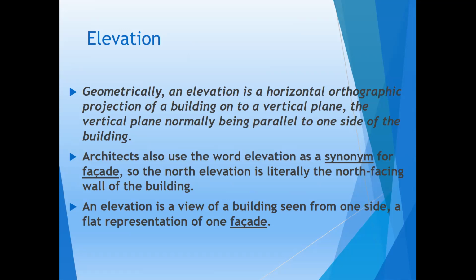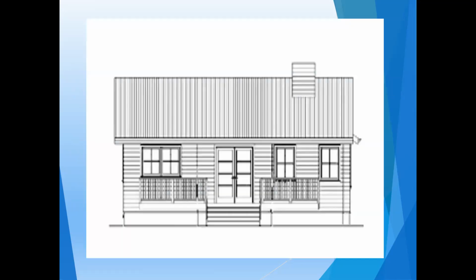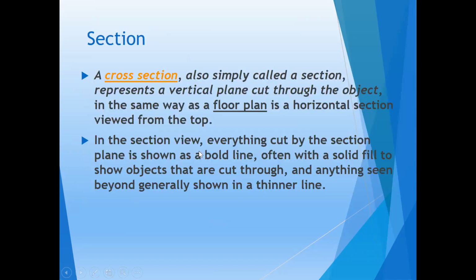So the north elevation is literally the north facing wall of the building, and the south elevation is the south facing side of the building. An elevation is a view of a building seen from one side, a flat representation of one facade. See, this is the image of an elevation from one side, which has been shown.